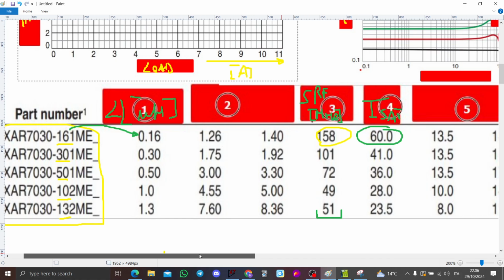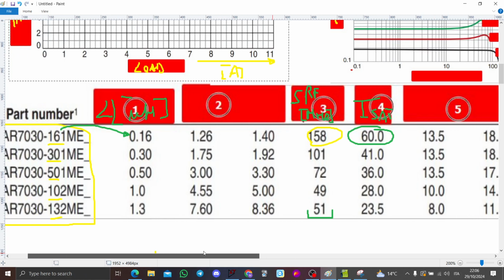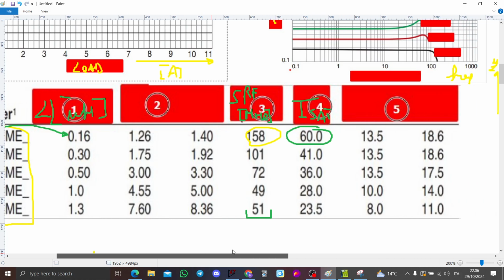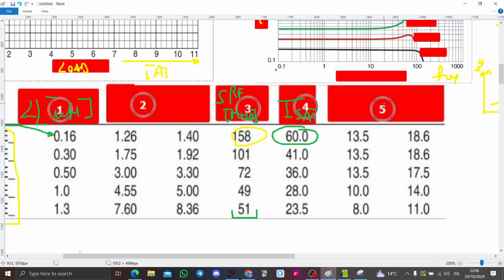So these are power inductors, and I expect them to have, of course, a very high current capability. The number 5 should be the temperature rise. Okay, so the temperature rise coefficient, how much your inductor parameters change based on the current rise.